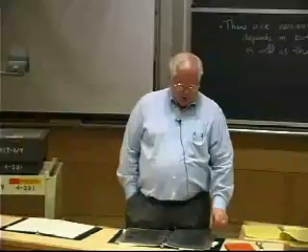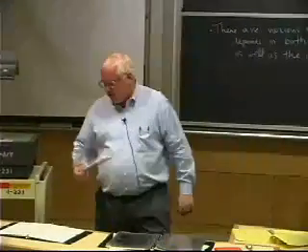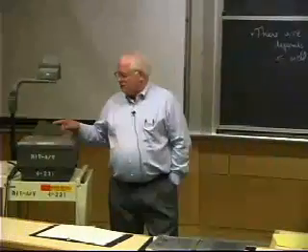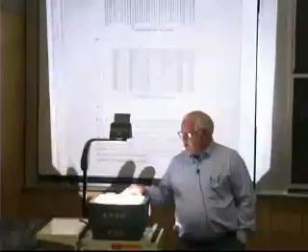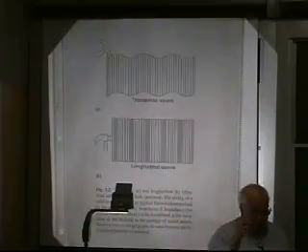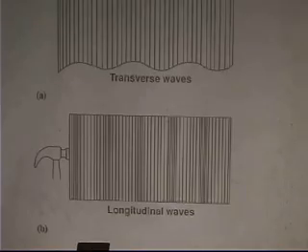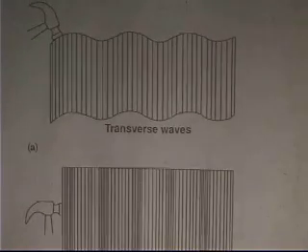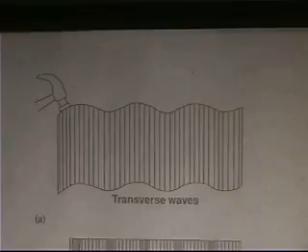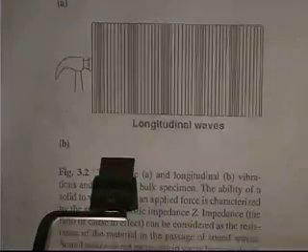Okay, any questions on that? If not, let's go to ultrasonics. Ultrasonics are basically just sound waves going through the material. We call them ultrasonic because in a solid metal, we have velocities on the order of 3,000 meters per second.